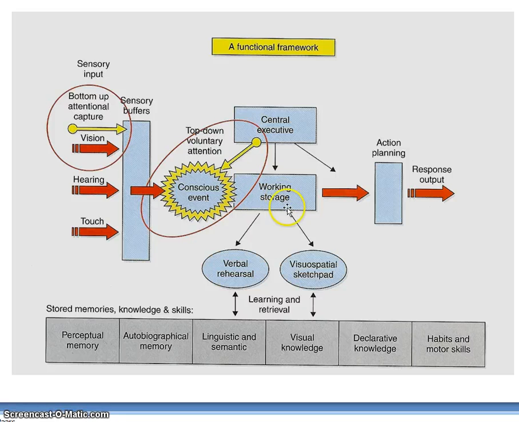Now, in our model here, the controlled processes are associated with this central region of the model: the central executive system, the working memory system, and what it is that we're paying attention to and conscious of. And the automatic processes happen outside this region. So for example, there's a lot of automatic processing going on in our sensory systems.